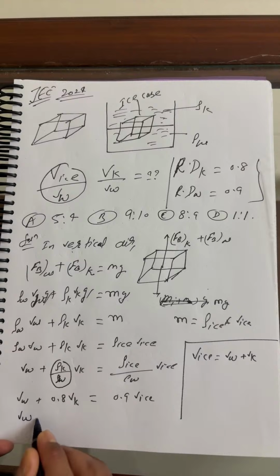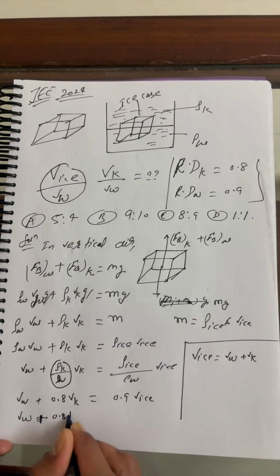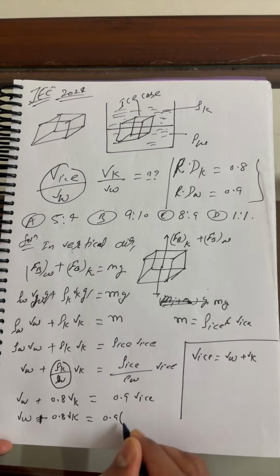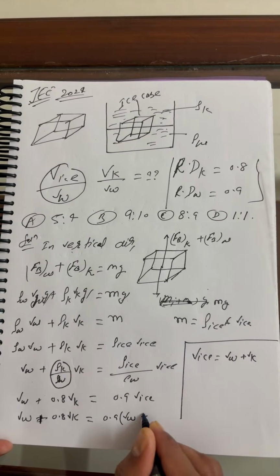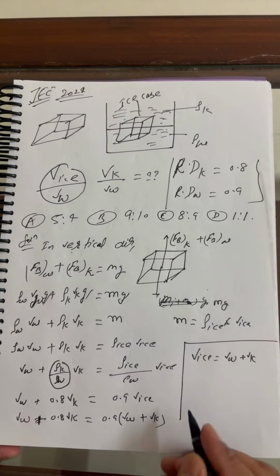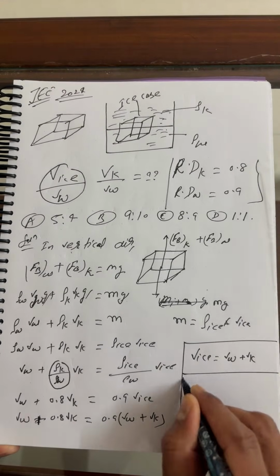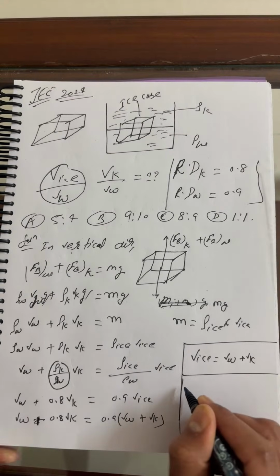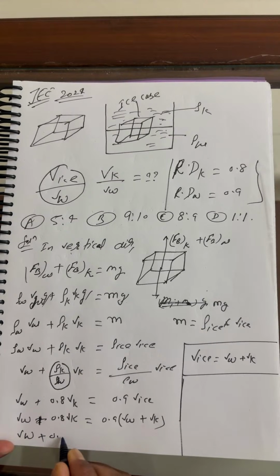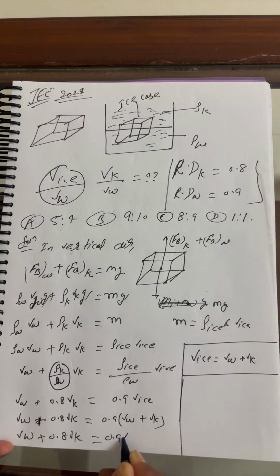So volume of water plus 0.8 times volume of kerosene is equal to 0.9 times volume of water plus volume of kerosene oil. Further I can solve here. This is the last part. Just open the bracket.